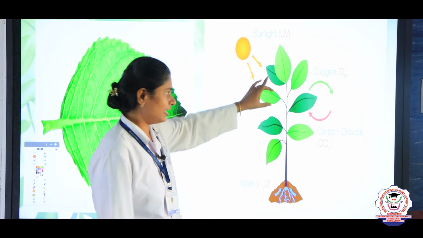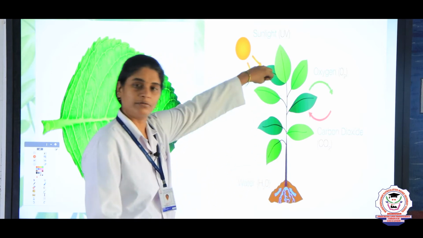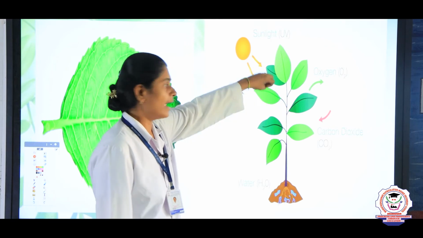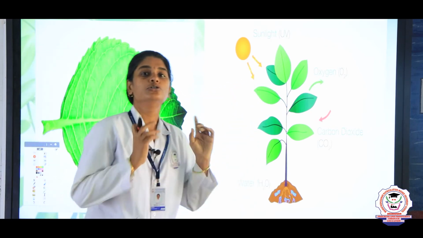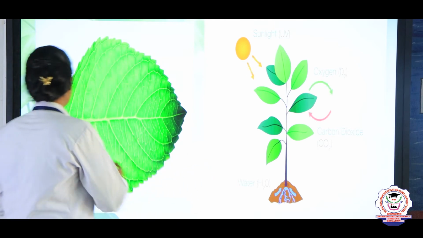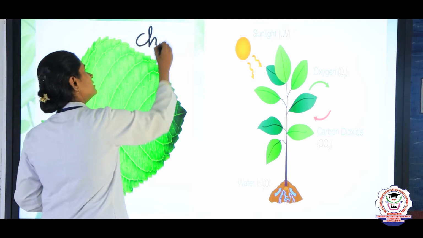So, here the leaf gets the sunlight, the leaf gets the water through the roots, right, and also in the leaf we can see a structure called stomata, right.